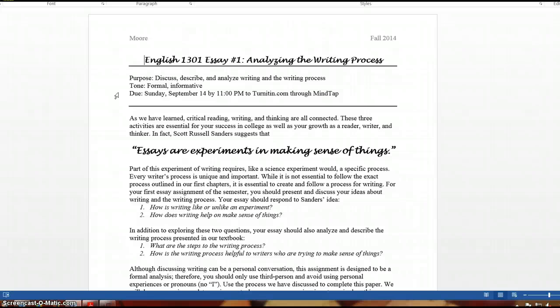So that is what's due this coming Sunday at 11, when all of your assignments are due. So please ask me any questions you have about the essay this week. I will put up as much information as I can under your Week 2 folder to help you know better the assignment and what's expected. I know this is a very quick rundown, but I hope it helps you process the assignment and the chapters that you're reading this week.